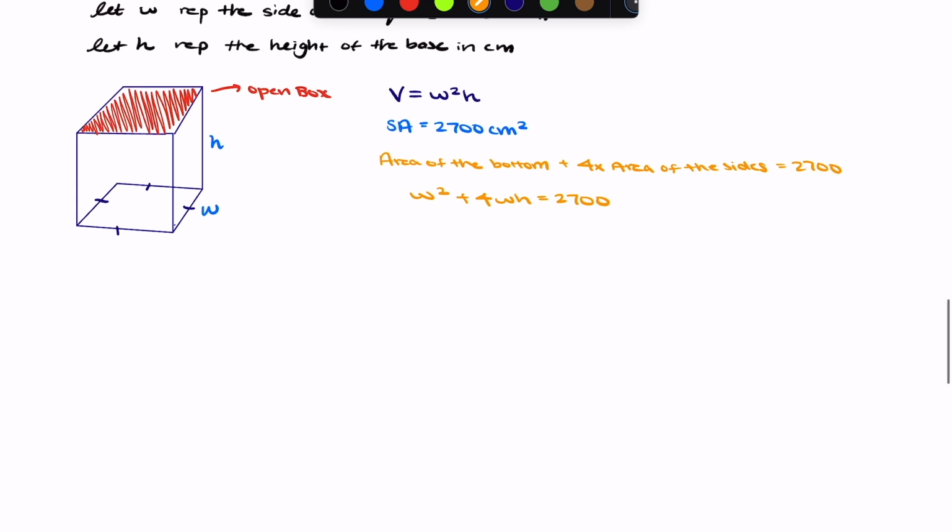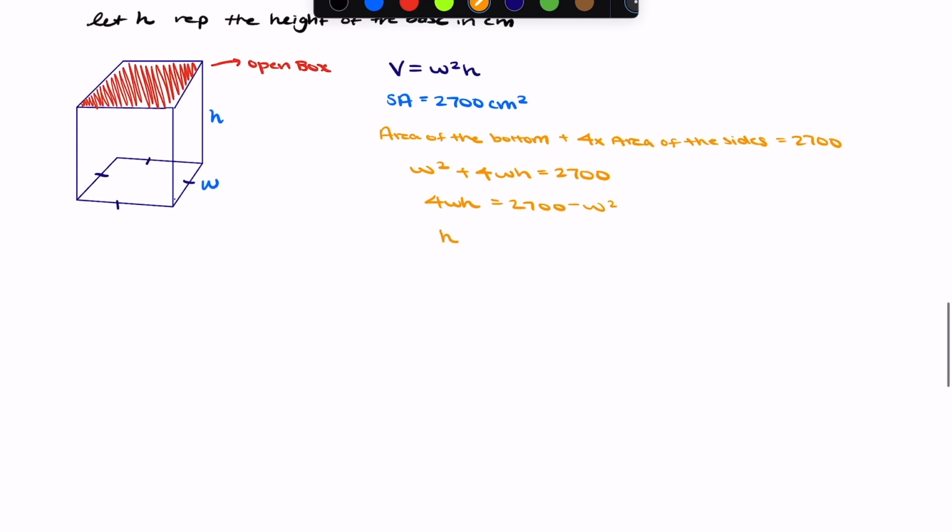And here we get 4. We're trying to look for height just by itself. We get 4 width times height is equal to 2,700 minus W squared. So here we'll divide everything by 4W. So 2,700 divided by 4W minus W squared over 4W.